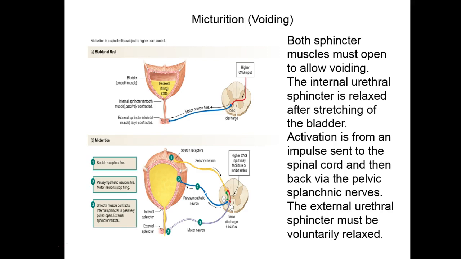So the internal sphincter is involuntary, but under the control of the parasympathetics. The external sphincter is voluntary, and will get an impulse from the CNS. Now please understand that that's not the first impulse the CNS gets when you're actually voiding, but the information that comes from the CNS is: relax. The effector would be the external sphincter, relax, and then you can void.